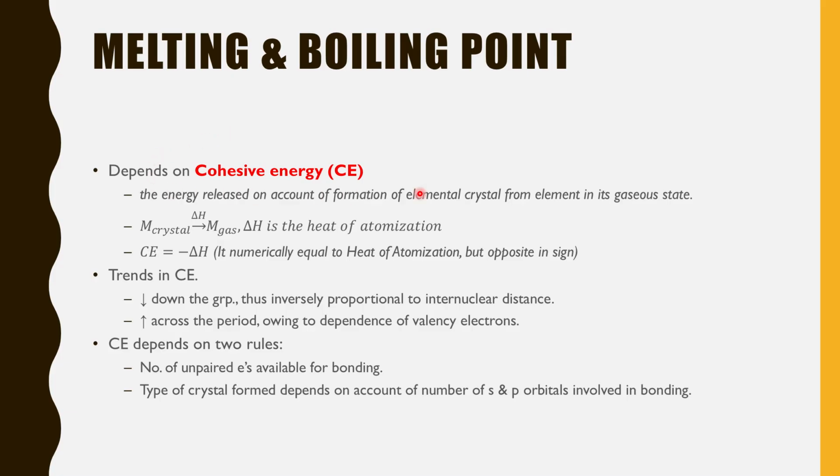Now, how do you define cohesive energy? It is the energy released on account of the formation of an elemental crystal from elements in its gaseous state. So when you heat this crystal and convert it into M gas, that means you convert this crystal completely into an atomic state where all are atoms.